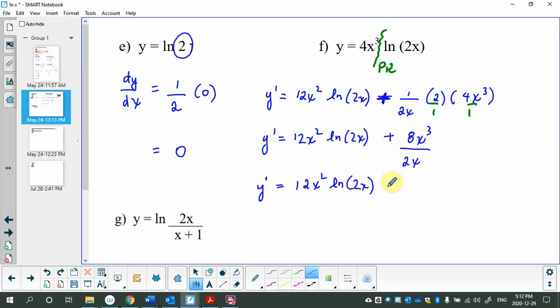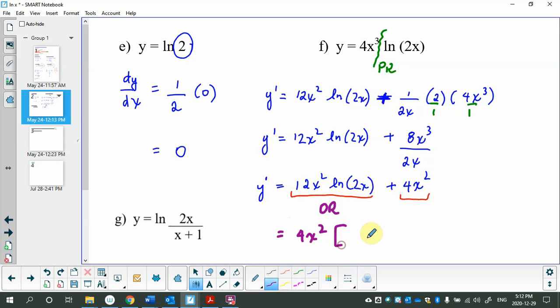Repeat the front, plus we can reduce this. So 8 divided by 2 is a nice nifty little 4, and then 1x out of each level is this. So I'm going to give you an OR. Hopefully you can see it without me drawing too much attention to it. I can common factor out 4x squared from here and here. And you may have to do that in the future.